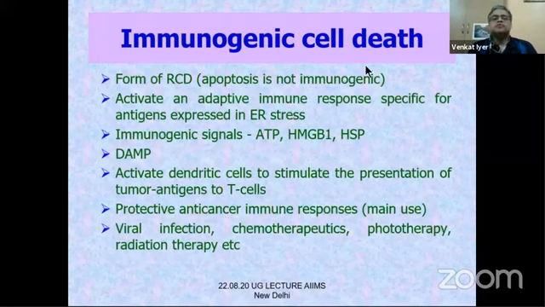And the purpose of this is to expose immunogenic signals like ATP, HMGB1, heat shock proteins, which are all DAMPs. And you do that by delivering ER stress. So this is a kind of cell death where there is excessive ER stress. It could be physiological, but by and large, we use it for these kinds of chemotherapeutics.